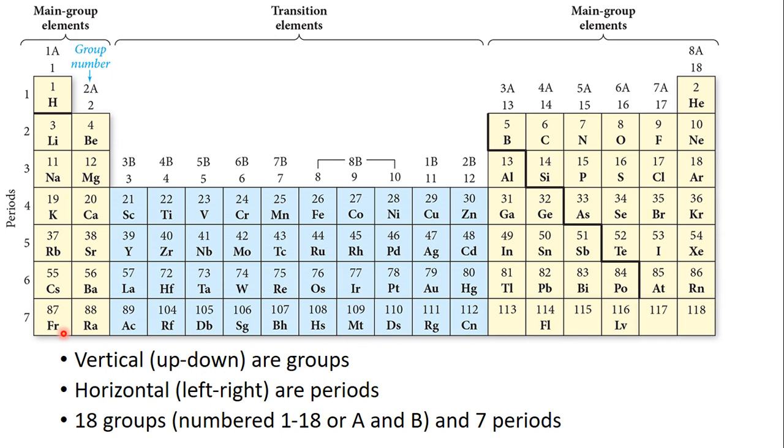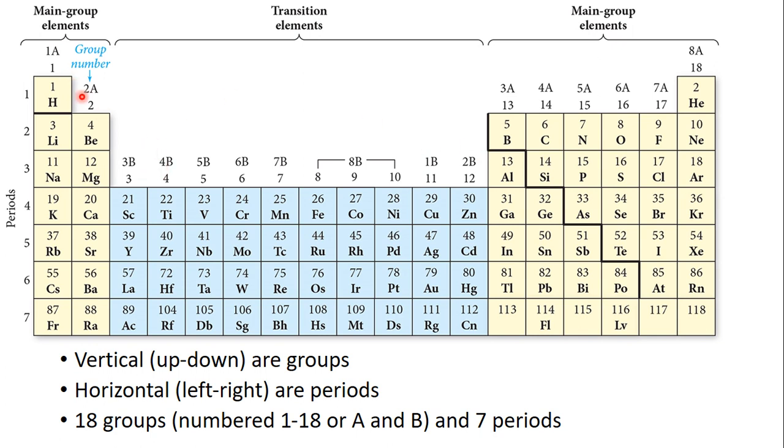Also, in the way that we split up this periodic table, all the elements in a column belong to the same group. So here we have group 1, group 2, group 3. There are 18 groups in all, either labeled 1 through 18 or 1A, 2A, 3A, 4A for the main group elements, then 1B, 2B, 3B, 4B.